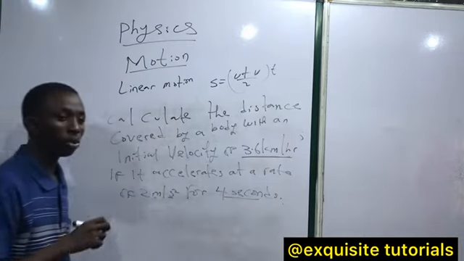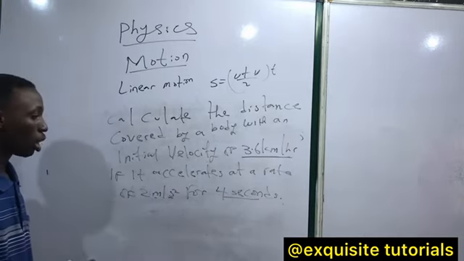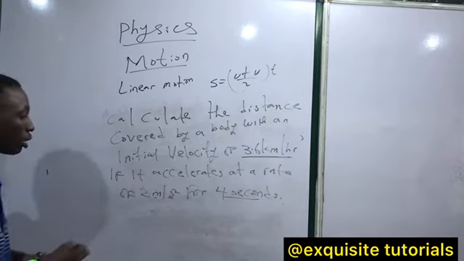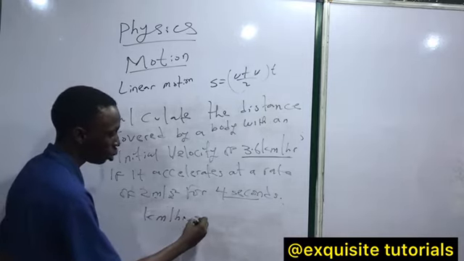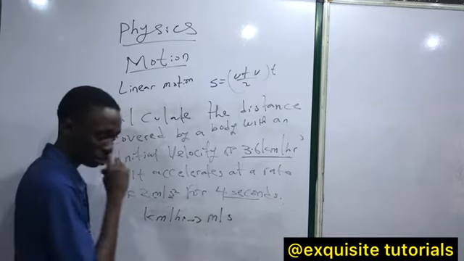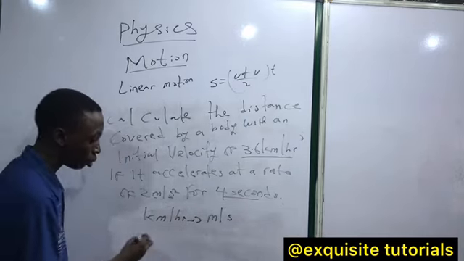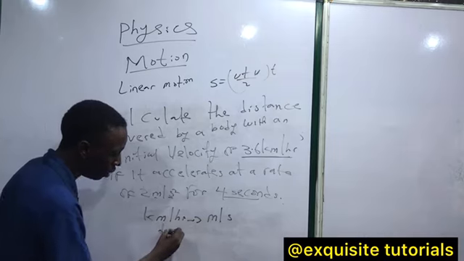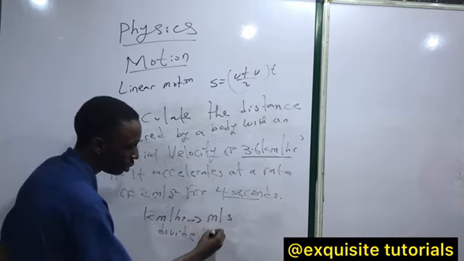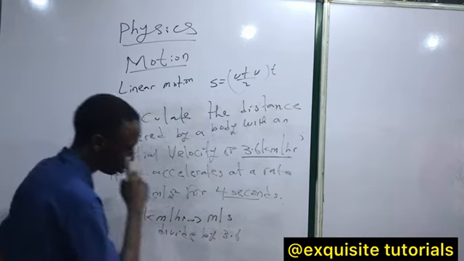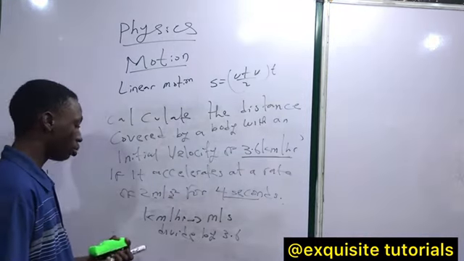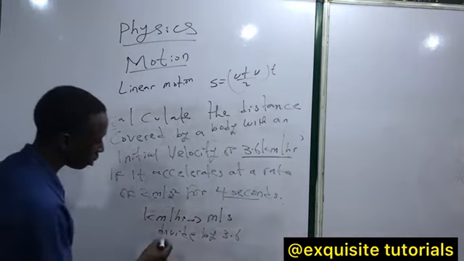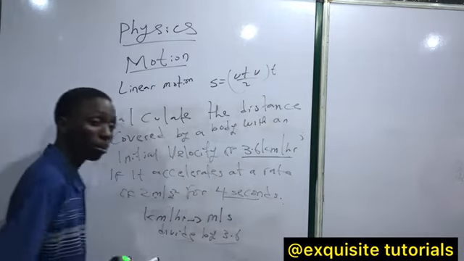Seconds. Now note, to convert from kilometer per hour to meter per second, you divide by 3.6. Divide by what? 3.6. So to convert any value from kilometer per hour to meter per second, divide by what? 3.6.